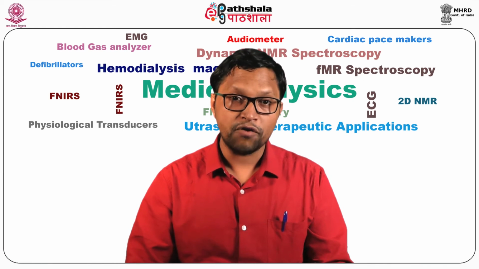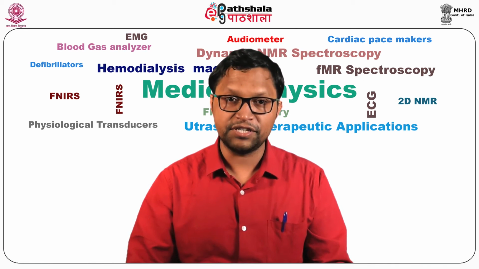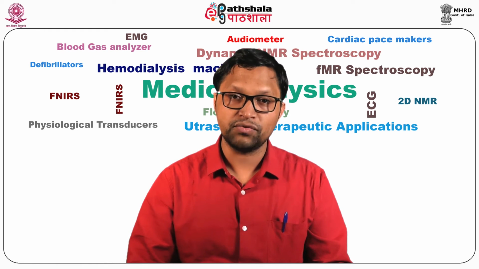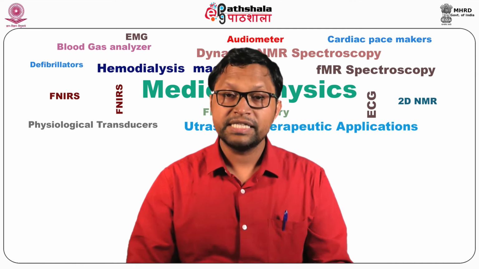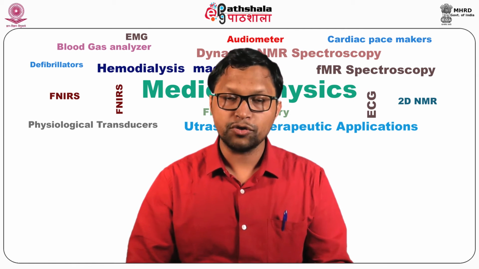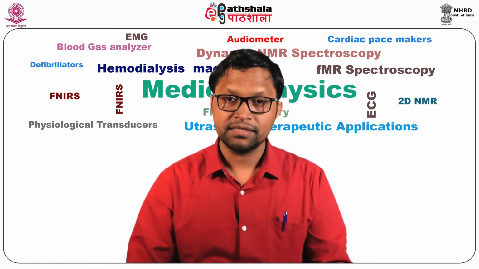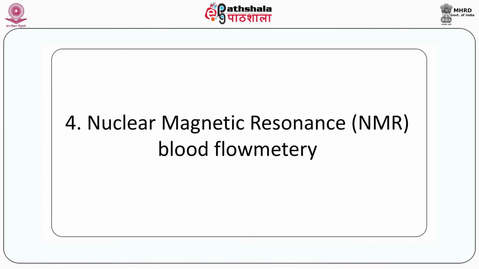Another form of laser-based techniques is video microscopy. This technique can be used for visualization of microcirculation. This involves orthogonal polarization and spectral imaging. Nuclear magnetic resonance, or in short NMR.